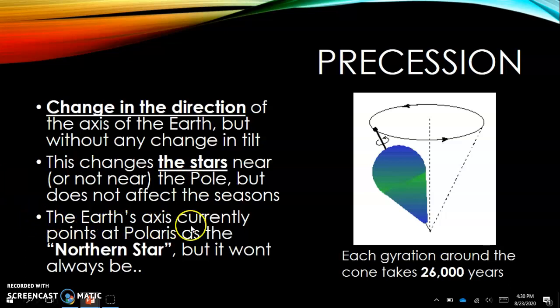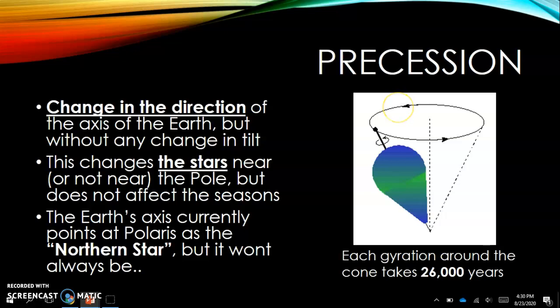Currently, the Earth's axis points at Polaris as the northern star, but it won't always be that way, okay? So let's say that this is now 2020, and our axis is pointing up this way, and right now it's pointing true north, and the North Star is going to be Polaris, and that's just the name of the star. But over time, as this precession occurs, and this axis moves in our solar system, the position of the stars will change, and we will get a new North Star.